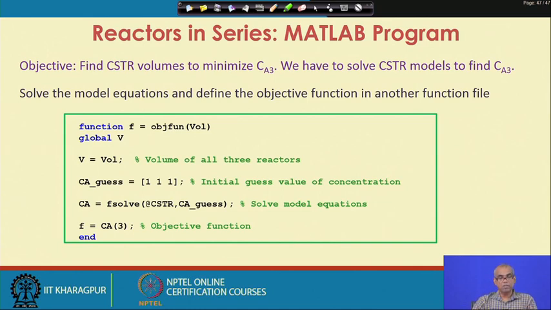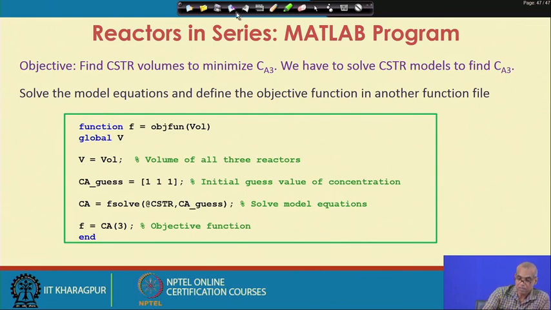The fmincon solver will try to find the minimum value of CA3 by trying various values of V1, V2 and V3 while satisfying all the constraints and the model equations as well. So, we need to solve the model equations for given V1, V2, V3 that the fmincon solver will supply, and define the objective function in another function file.